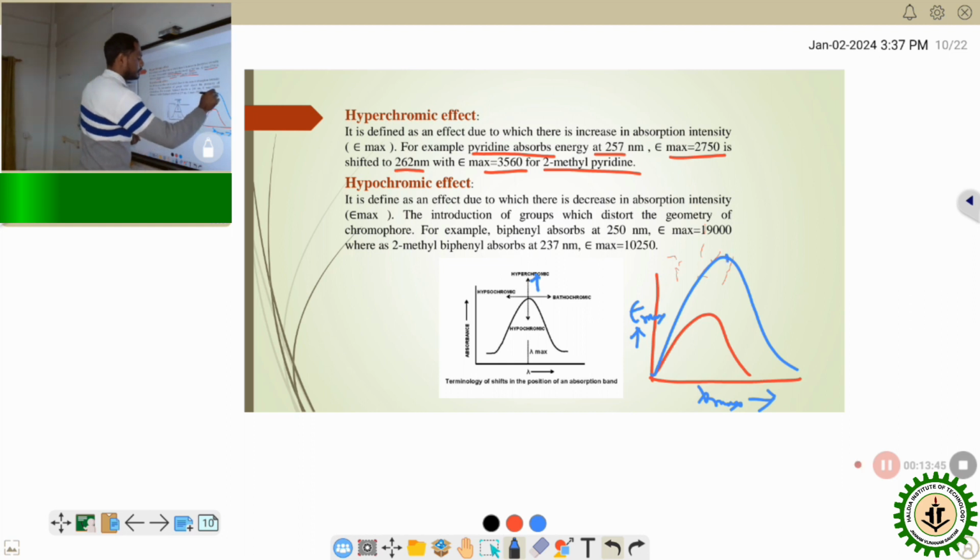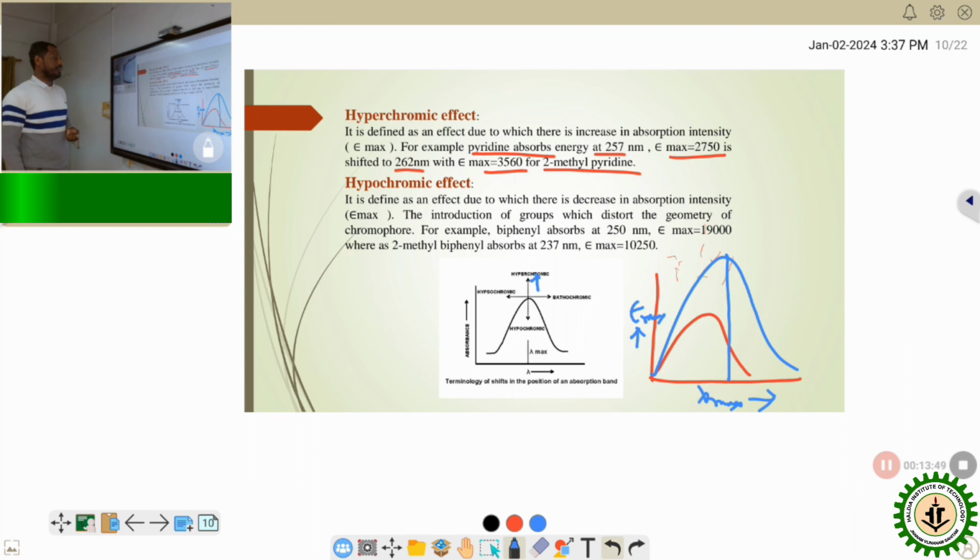Epsilon max increases in the case of 2-methylpyridine, and this is known as the hyperchromic effect. And in the case of the hypochromic effect, the intensity of absorbance is reduced. So what is the example? The biphenyl system.